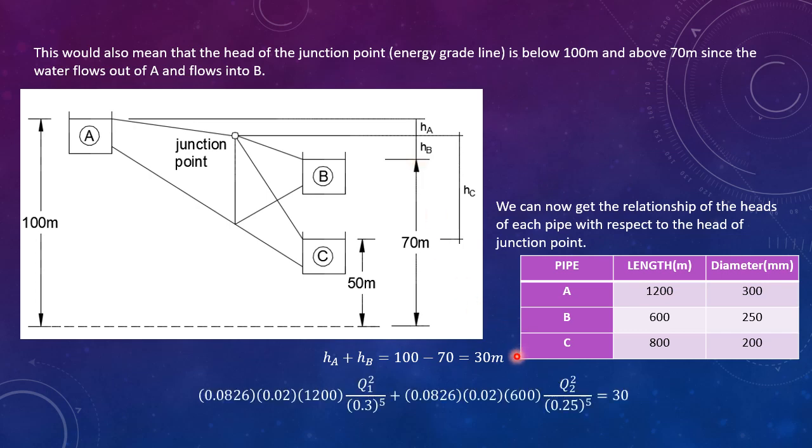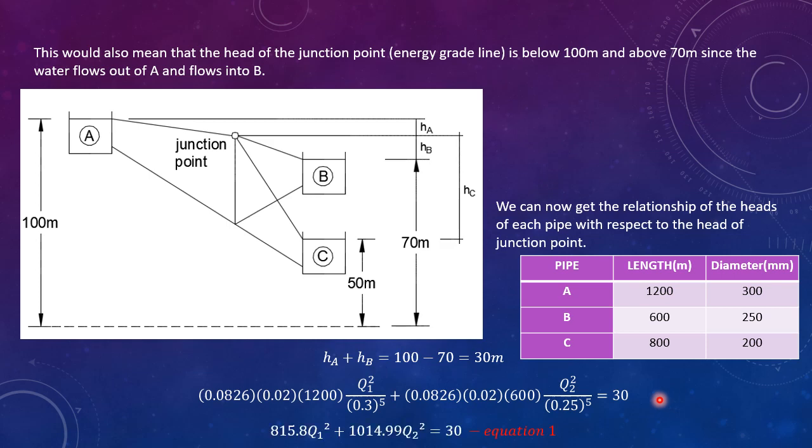Using Darcy-Weisbach formula, for HA we have 0.0826, F is 0.02, L1 is 1,200 meters, Q1 is unknown, D1 is 0.3 meter, plus for HB we have 0.0826, F is 0.02, L2 is 600 meters, Q2 is unknown, D2 is 0.25 meter, and this is all equal to 30 meters.